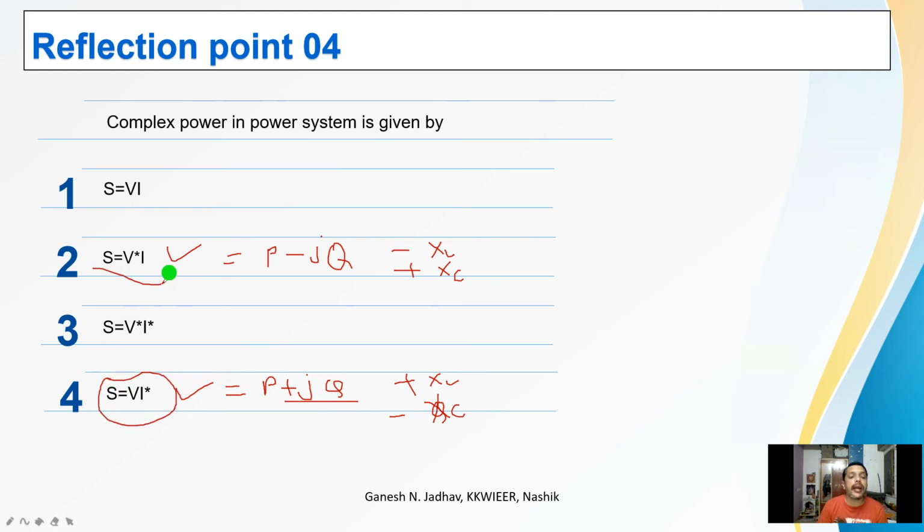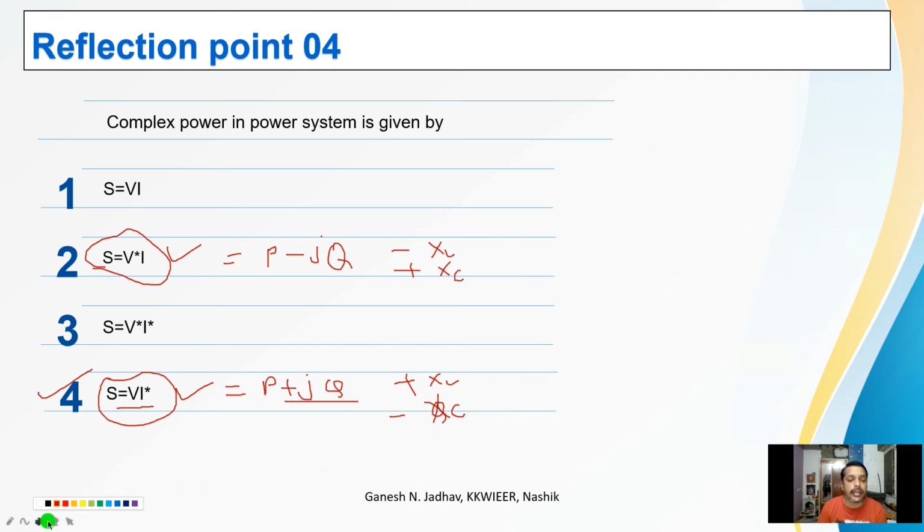In some countries they are taking V conjugate into I. So henceforward we will consider that complex power S is equal to V into I conjugate. Why S is V into I conjugate, you can see in my forthcoming video.